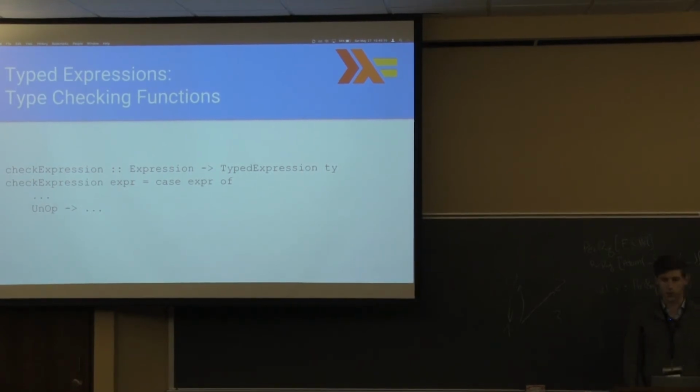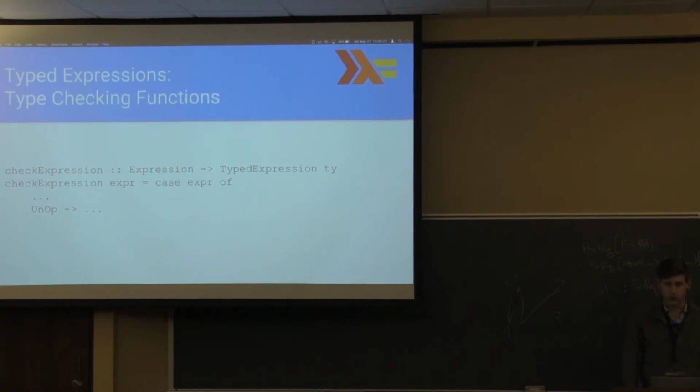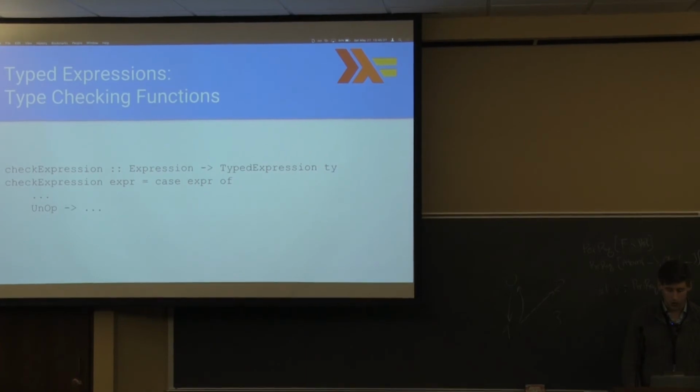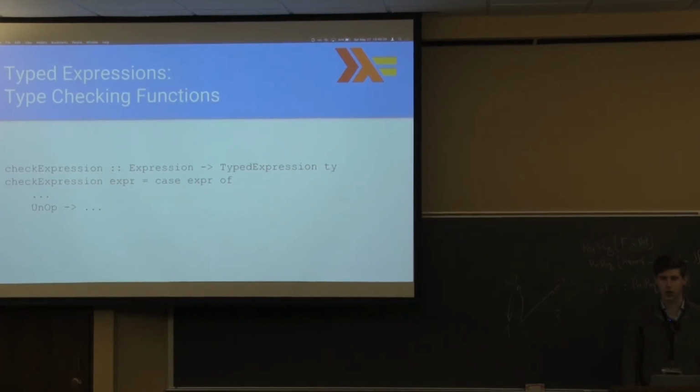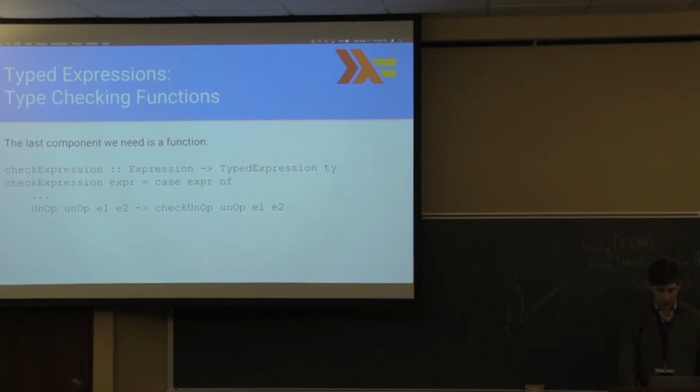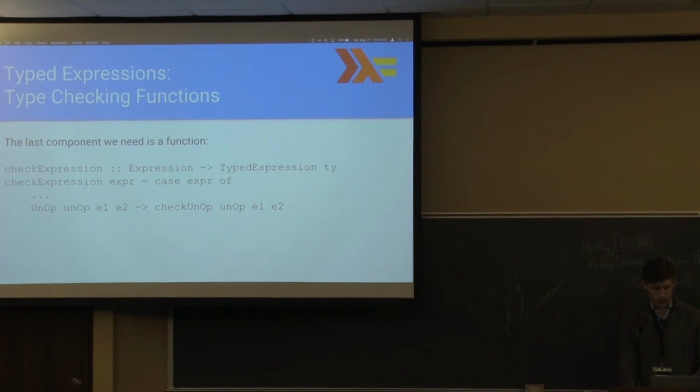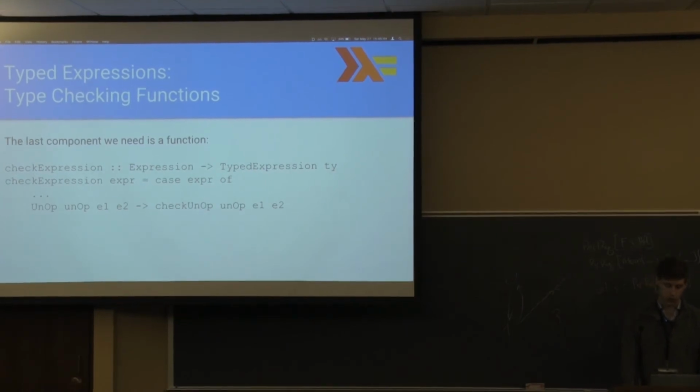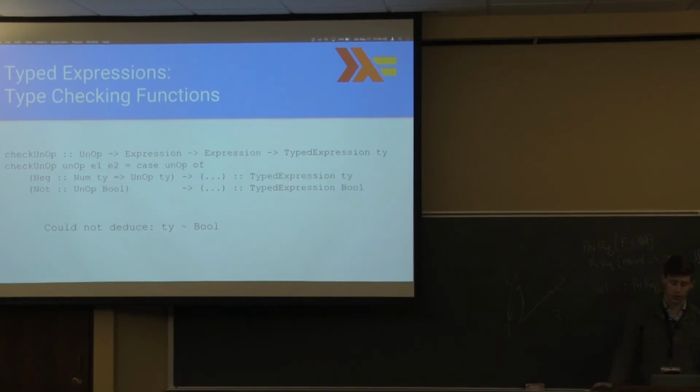So the first thing is, if you remember, the unop is specified either at num for the negation operation, or it's specified at boolean for the not operation. And so if we were to take in an expression, we were to match unop here as our binary operator, we would see that we'll get a unop, and then we'll go check that the unop and the two expressions actually match what the output type should be.